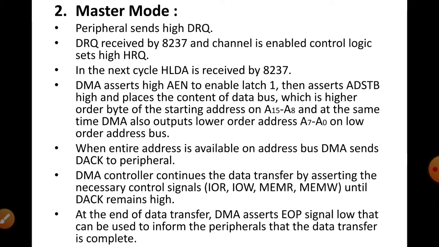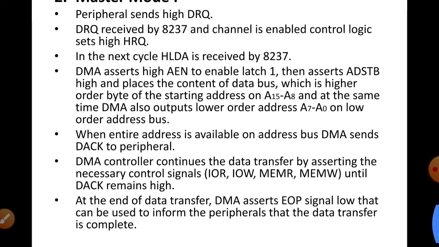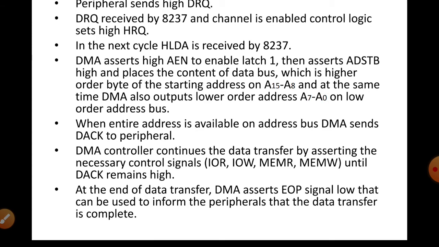In the next cycle, the hold acknowledge is received by the 8237, and at that time DMA asserts AEN high, and with the help of that it enables latch 1.